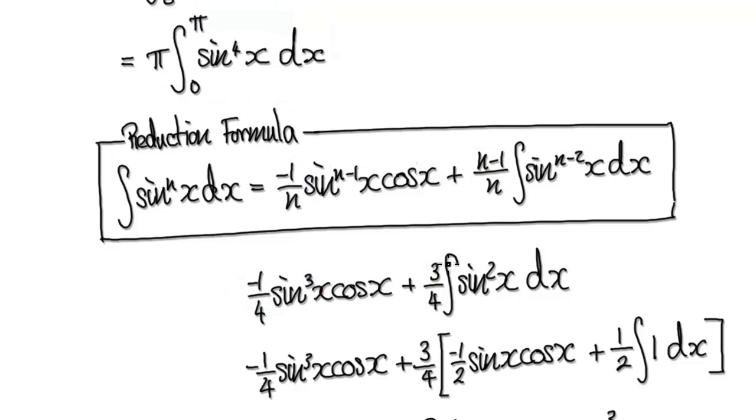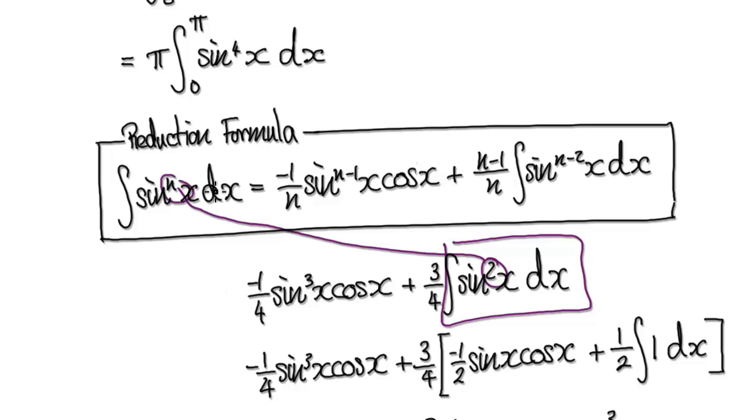Now apply the reduction formula again on this bit here. If you apply the reduction formula again here, this thing here is our n. So now it would be negative 1, n is 2. Remember, n is 2.